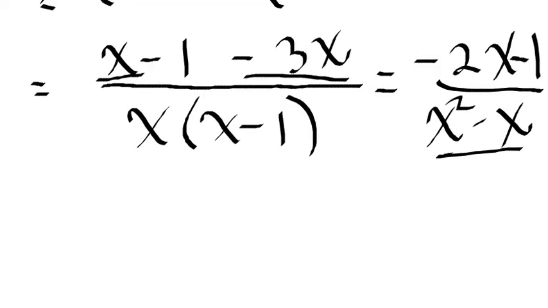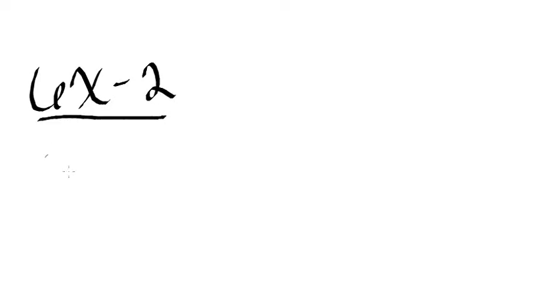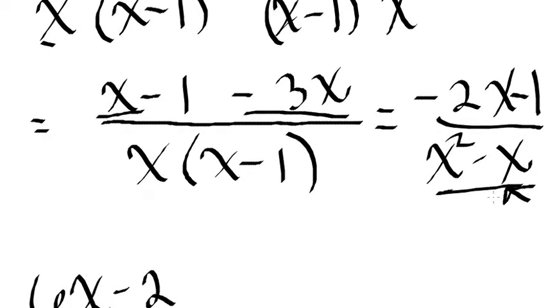All right, so what are we going to do? This guy here's down in the denominator, so we need to flip it, turn this into a multiplication problem. So we have 6x minus 2 over x squared minus x times, okay, see this?